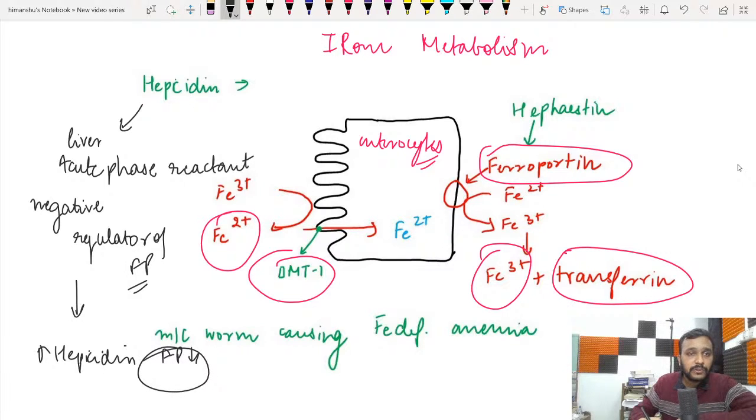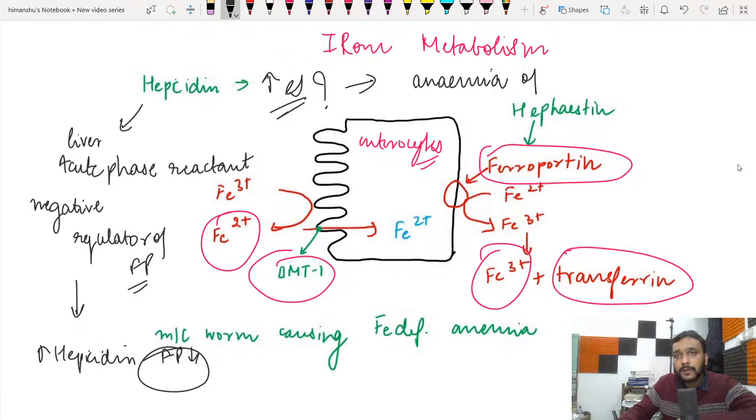Hepcidin increases in patients with chronic diseases, so it results in anemia of chronic disease, due to the effect of the cytokines IL-1 and IL-6.